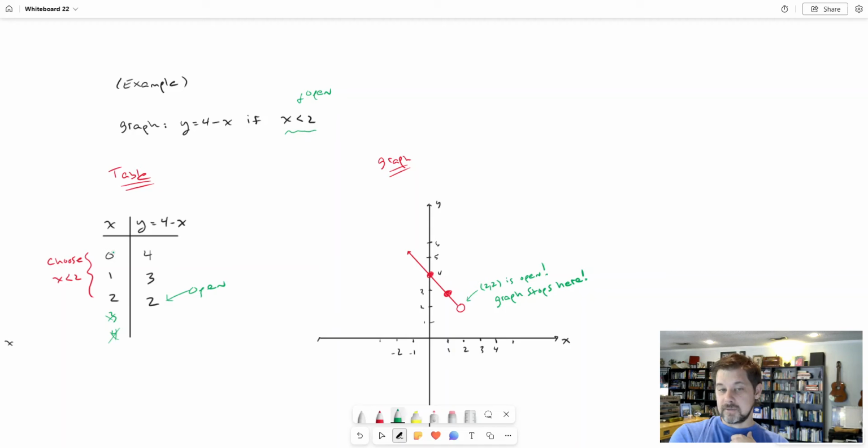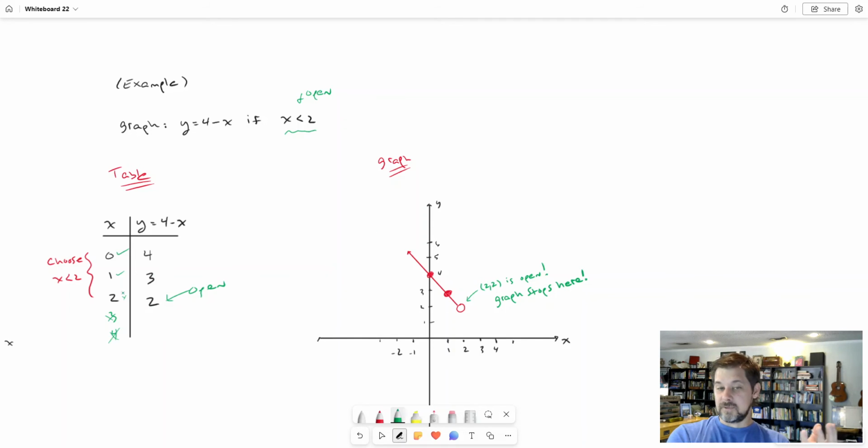Is 0 less than 2? Yes. Is 1 less than 2? Yeah, that's okay. Is 2 less than 2? It's not. So for me to put 2 on this table, I'm not exactly following the instructions. And so that's why it's open.